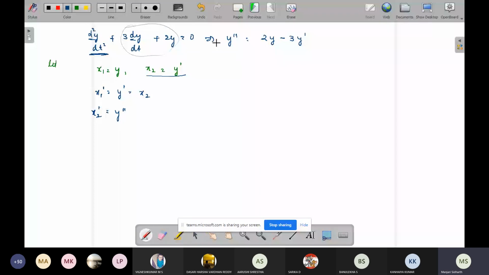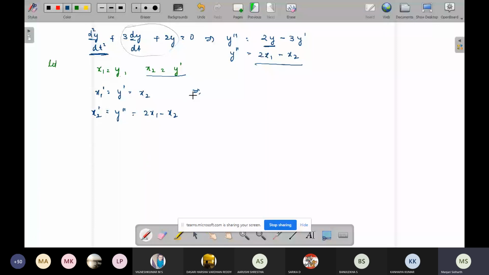Take these two terms on the RHS. Then the y value is x1, the y dash value is x2. That means y double derivative is this. So it is 2x1 minus 3x2.